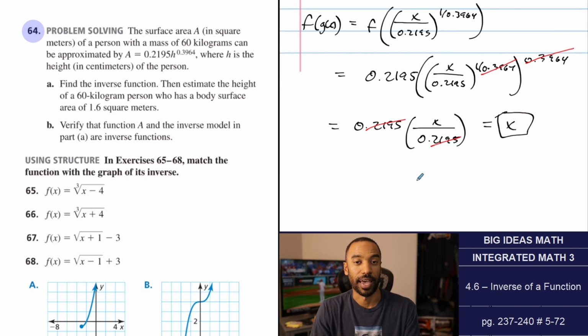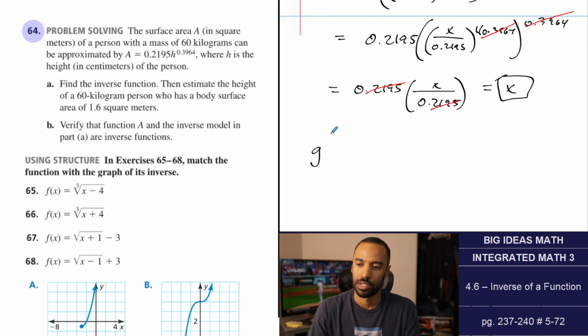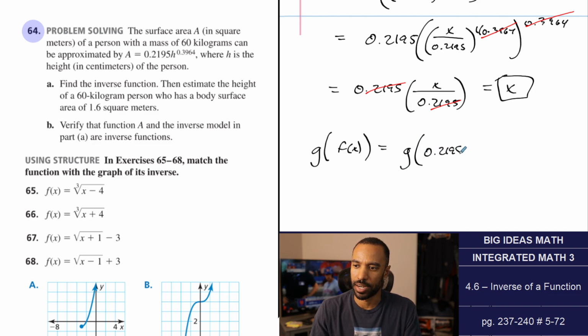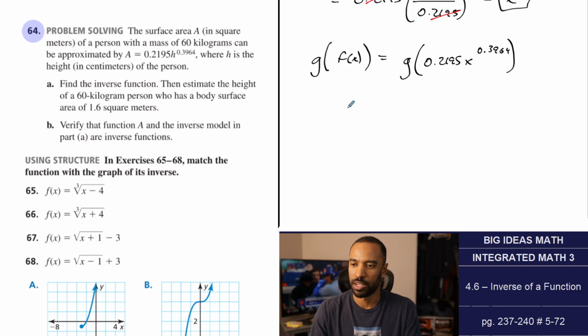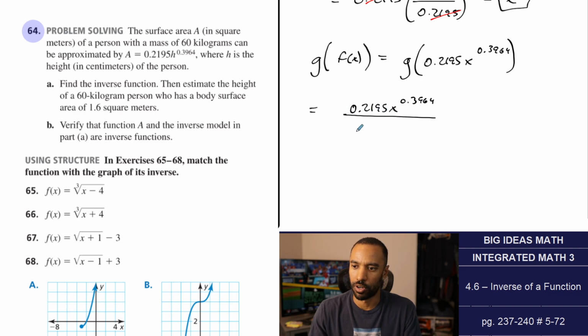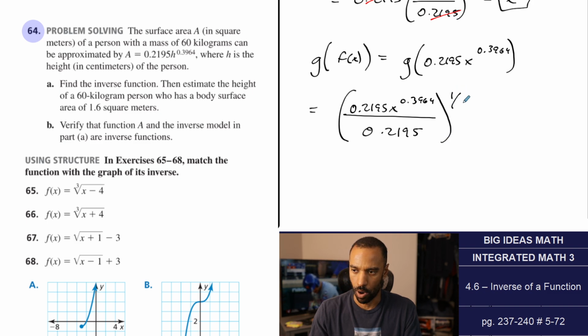Now we'll do g of f of x. G of f of x, which is taking g of 0.2195x to the 0.3964 power. And g's equation, as I run out of room on the page, g's equation is x. So I'm going to write this as my x over 0.2195, all raised to the 1 over 0.3964 power.